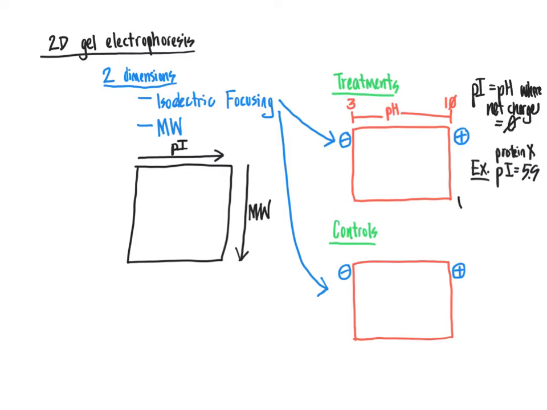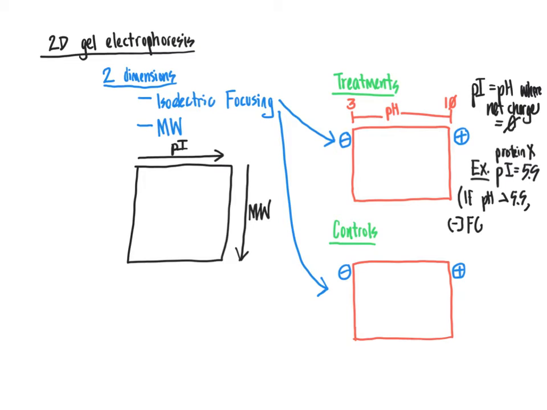At pHs that are greater than 5.5, this particular protein would have a negative formal charge because the pH is greater than the pI, meaning there's an excess of base, an excess of ability to take on a negative formal charge.